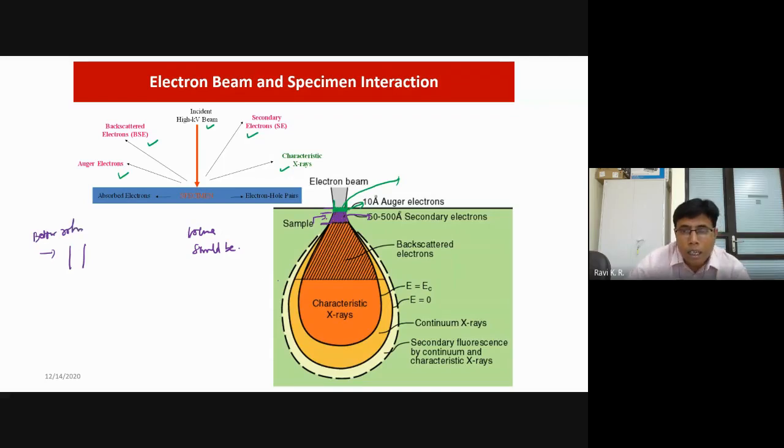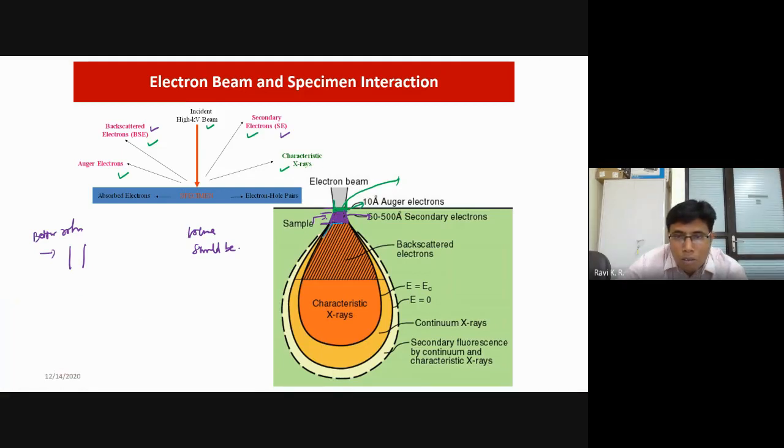Generally, for imaging purposes we use backscatter electrons and secondary electrons. Now look at the secondary electron: the interaction volume is pretty low compared to the backscatter electron. This is the region from which the backscatter electron comes out.